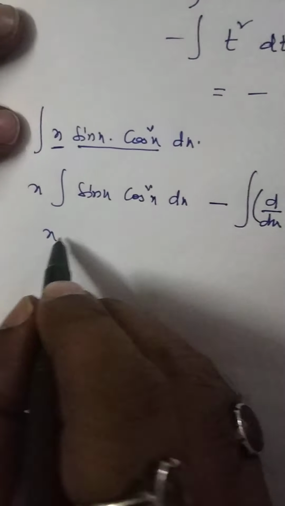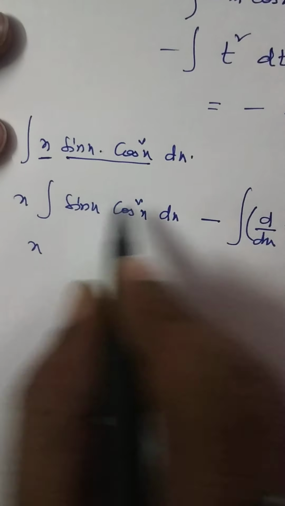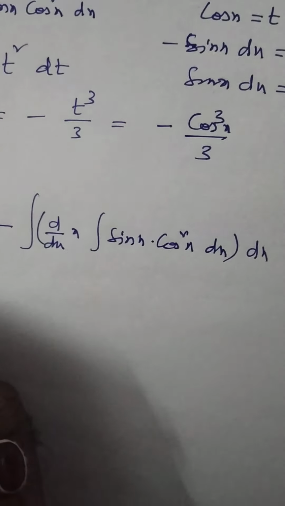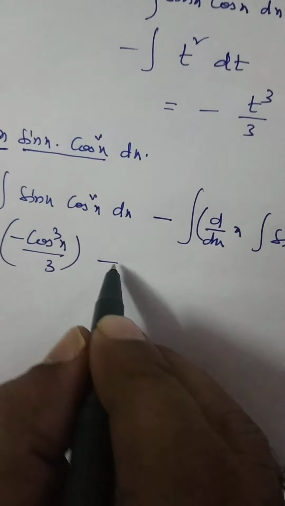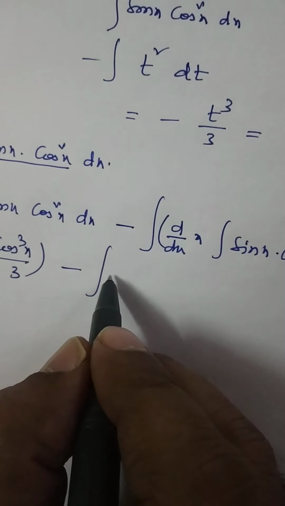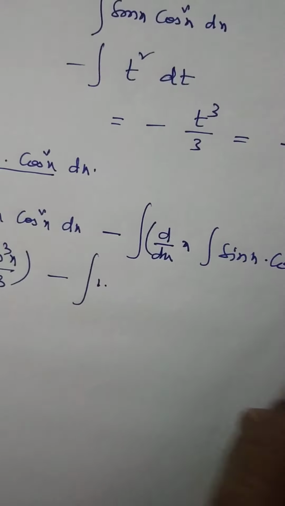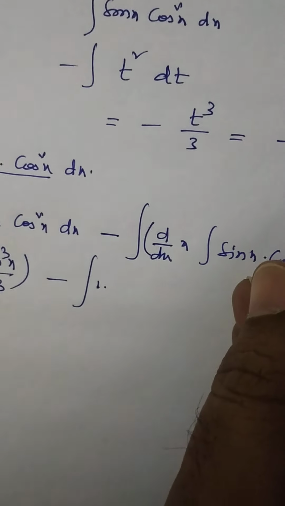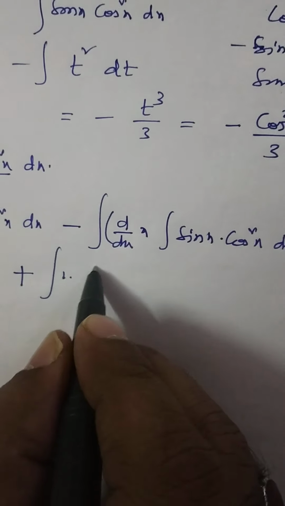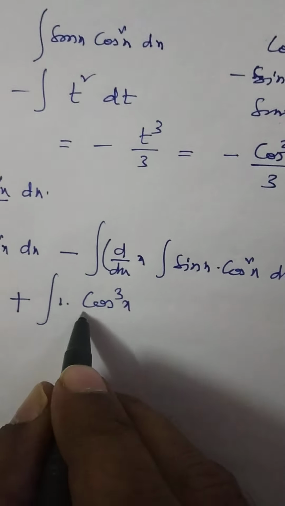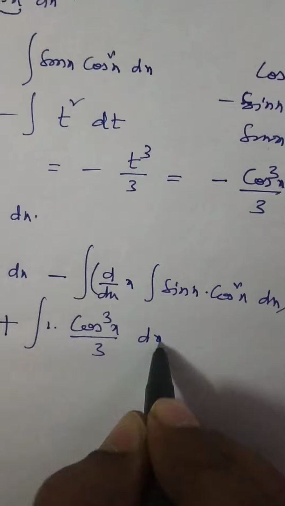So here x into, we got the integration of this one, that is minus cos cube x by 3, minus integration of derivative of x, which is 1, into integration of this one, which we got as minus cos cube x by 3. So I am taking minus of minus as plus here, so cos cube x by 3 dx I got.